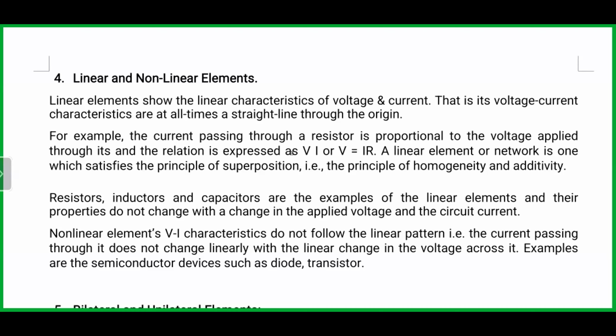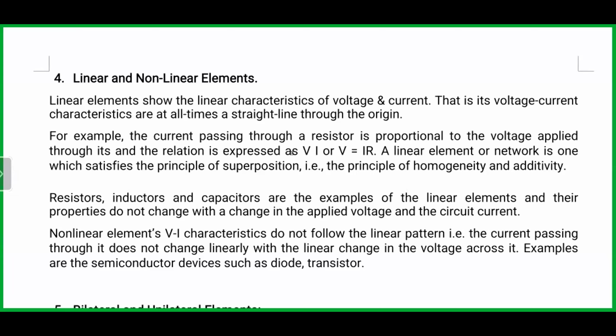So when we say something is linear, it means it's consistent. From the beginning it's consistent, as it was, so it is. It doesn't change. It will be the same.